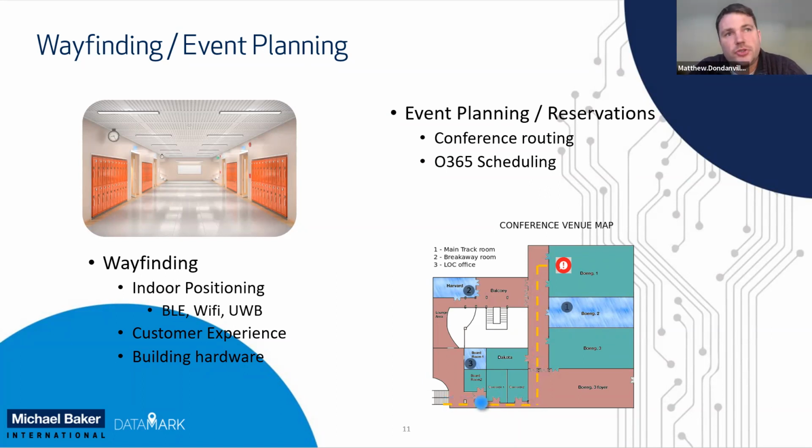And to be able to perform a lot of these different use cases, there's varying levels of accuracy that are needed. There is a little bit of native phone-based triangulation inside of an indoor space that can get general approximation. And obviously that's the cheapest way.